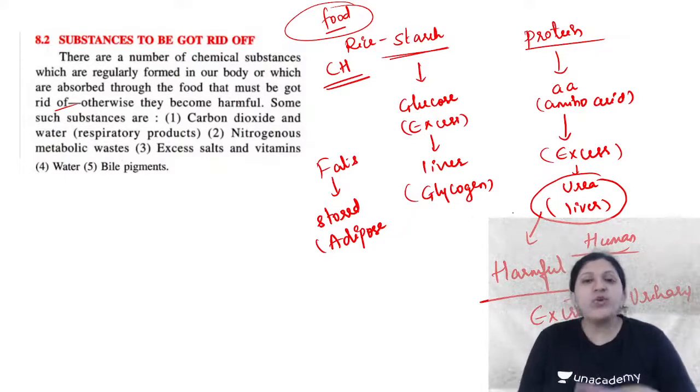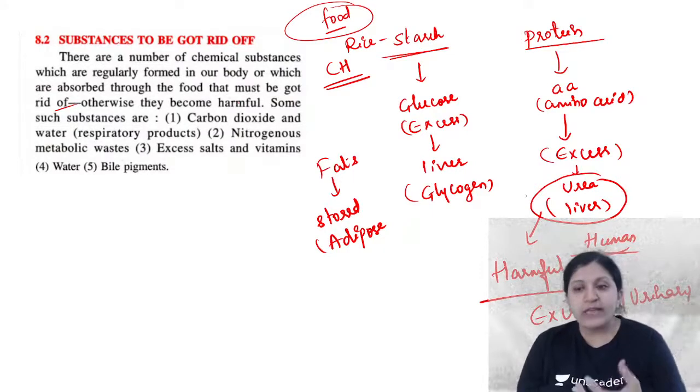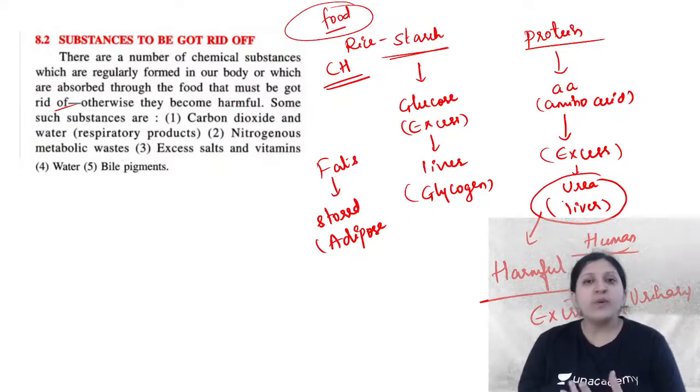If urea remains in the tissue, it will damage the surrounding tissue and tissues cannot work properly. That is why all these harmful compounds need to be removed.